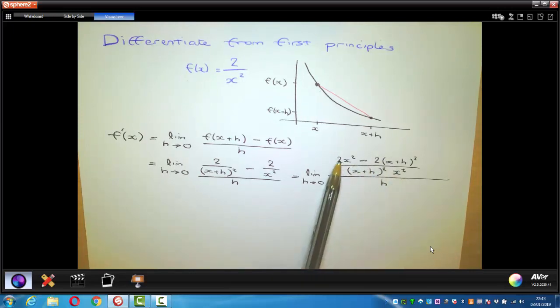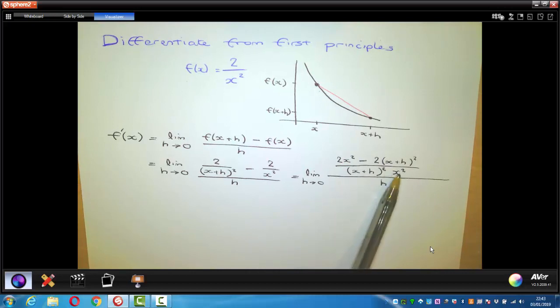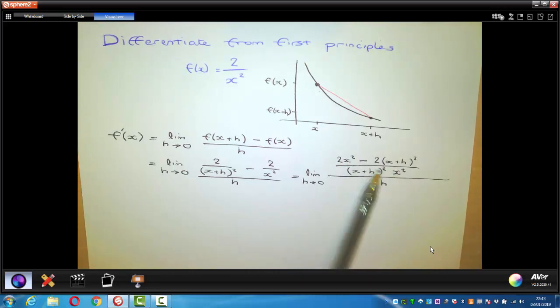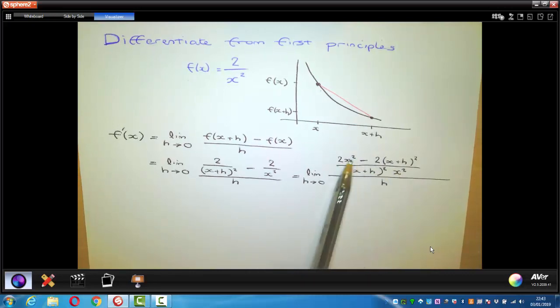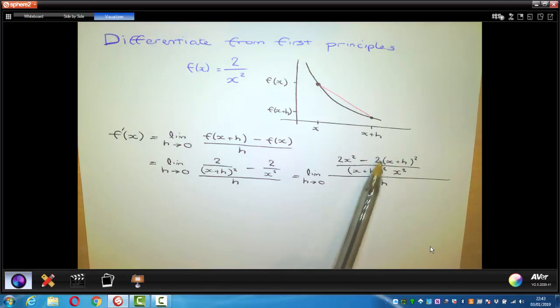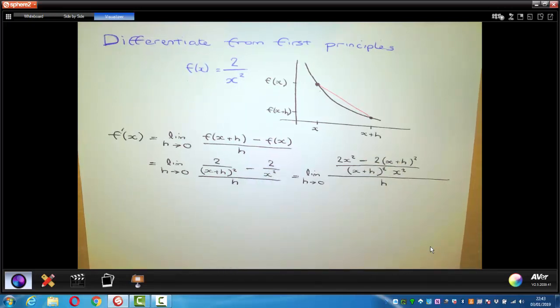You can see 2x squared over x squared times x plus h all squared. The x squares will cancel. We'll get the 2 over the square of x plus h, and then minus 2, well, those squares will cancel, we get 2 over x squared.